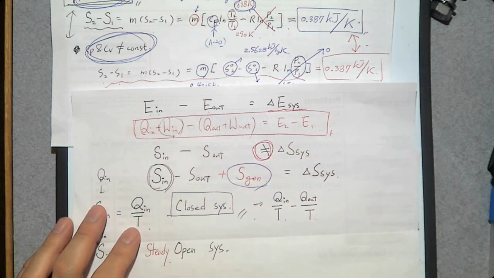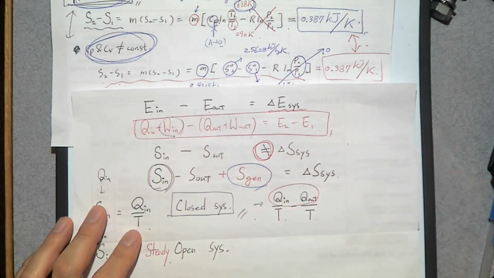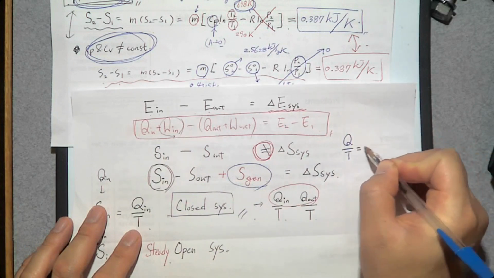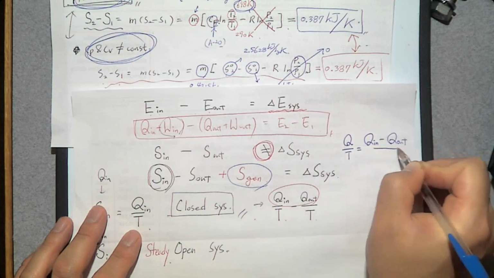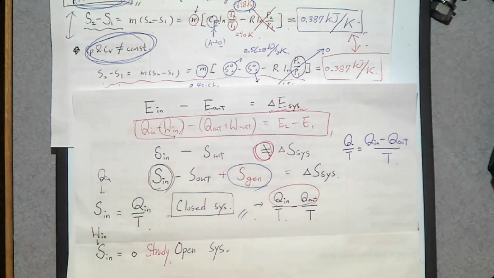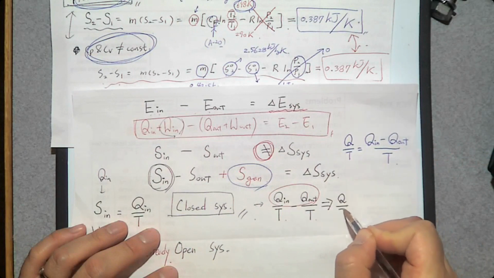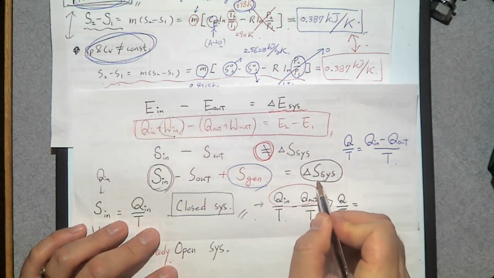Then, if you have a Q in and Q out, you can combine these two. So let's say Q net is going to be Q in minus Q out. Then this entropy balance equation becomes Q over T is the change of entropy of the system.